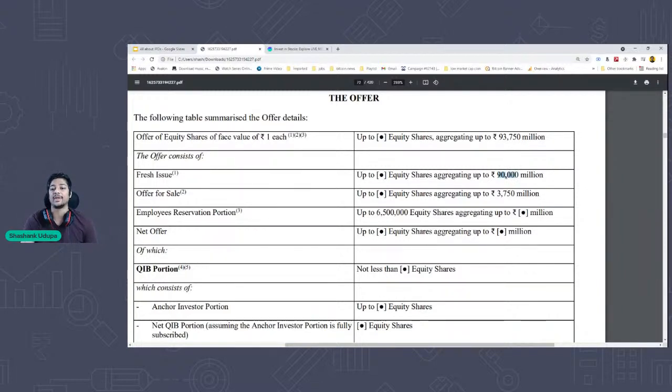So out of 9,375 crores, 9,000 crores is the fresh issue, and the secondary, which is someone doing offer for sale, is 375 crores. So there are some existing investors who are exiting and taking 375 crores to them, right? That is what this means. Also, apart from that, approximately 65 lakh equity shares are being reserved for Zomato employees, right? So this is the employee reservation portion. This is specifically for all the employees, right?